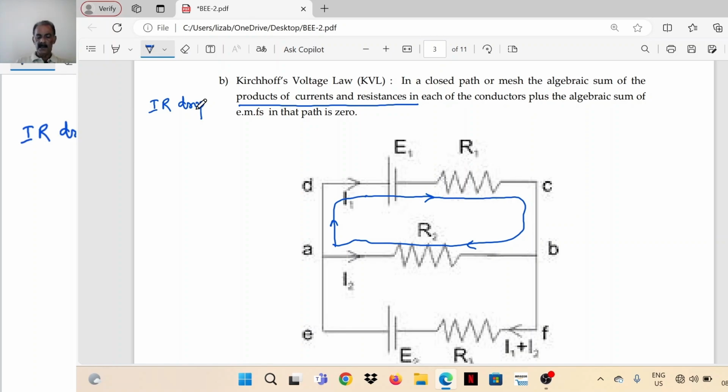Product of current and resistance, it is a voltage only. So we call it as IR drop. So in this loop, the sum of EMFs and IR drops should be equal to 0. So we have to add these quantities with proper sign.